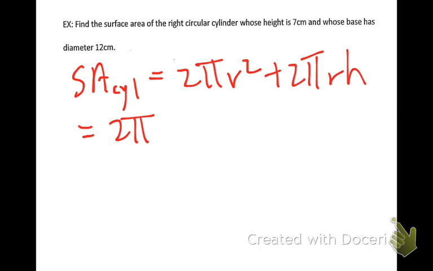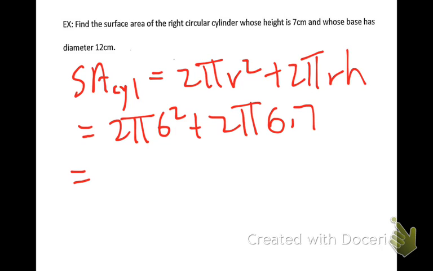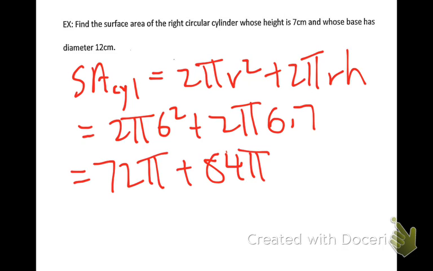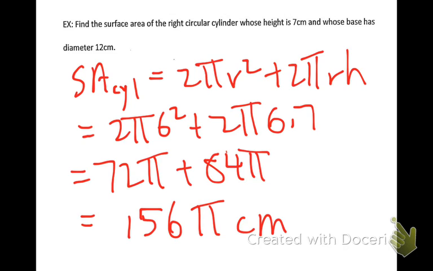What? 6, yes. 6. We've got to take half the diameter. So it's 6 squared plus 2 pi, 6 times 7. So that's going to give me 72 pi plus 84 pi, which is equal to 156 pi centimeters squared.